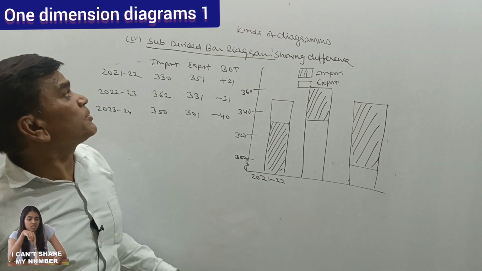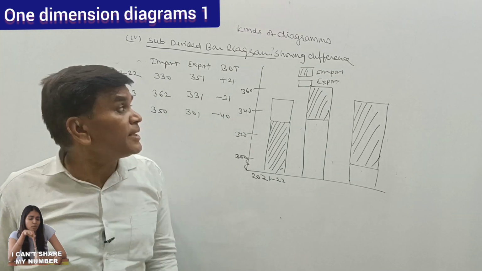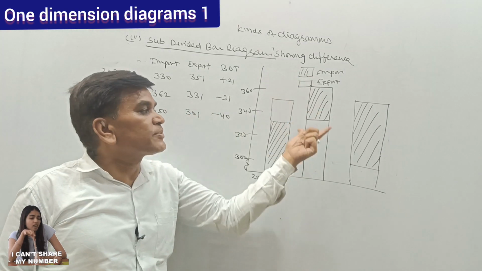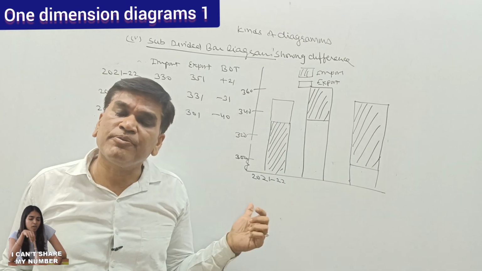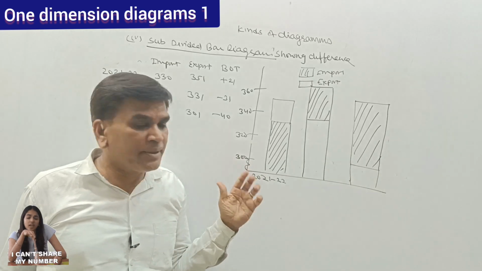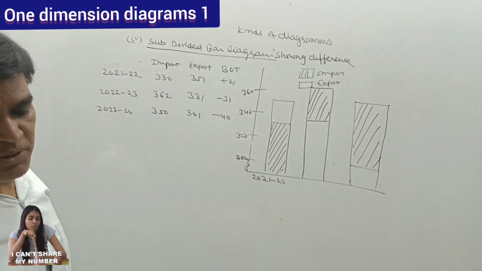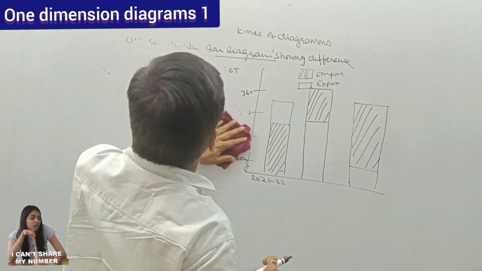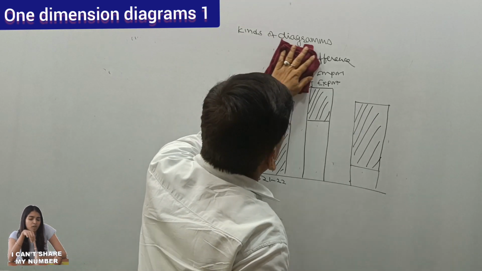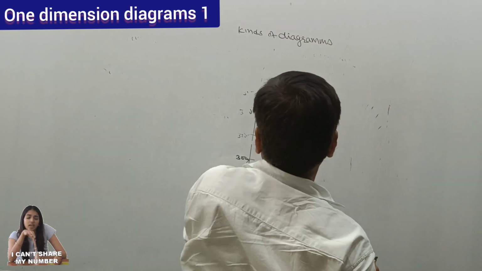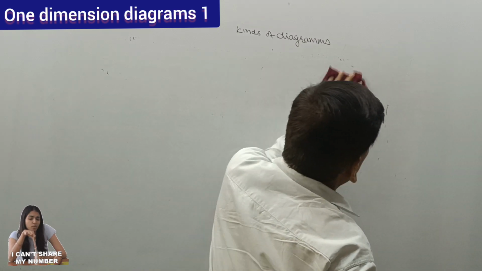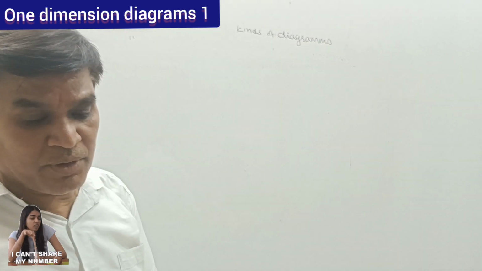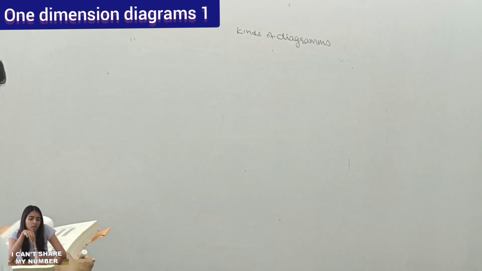This type of diagram we call a subdivided bar diagram showing the difference between export and import. This is also a one dimensional diagram showing the difference between the items. You can easily draw any such diagram if in an examination you are given some data, no problem at all.